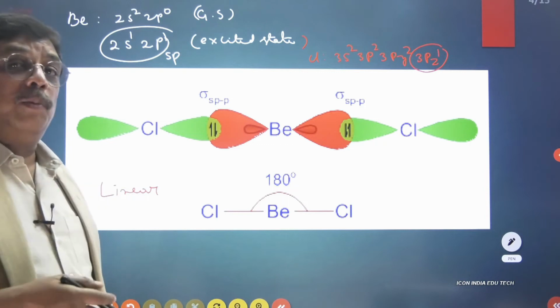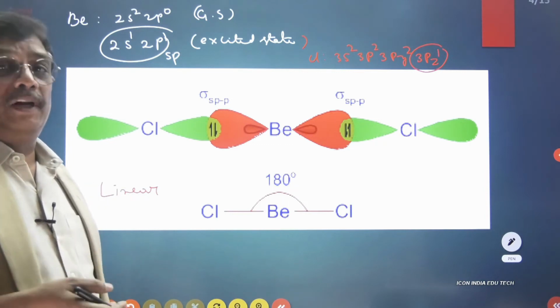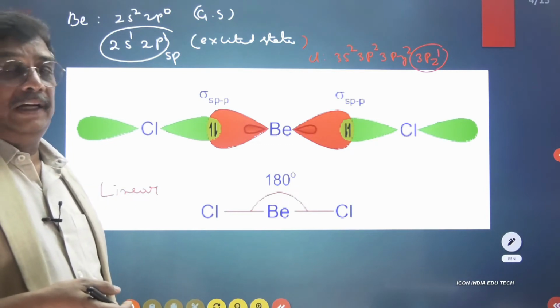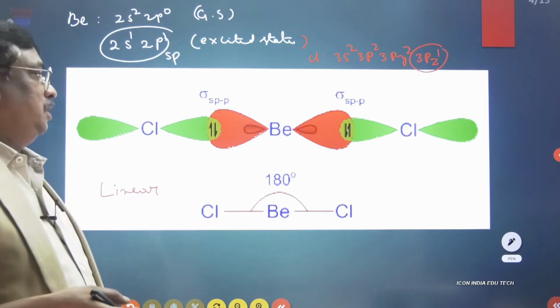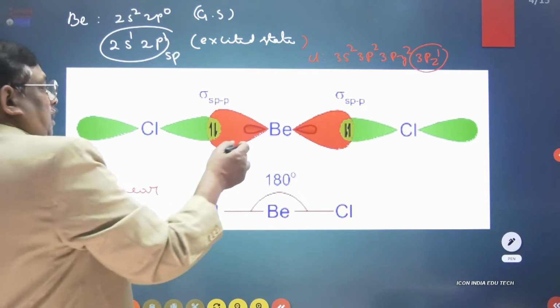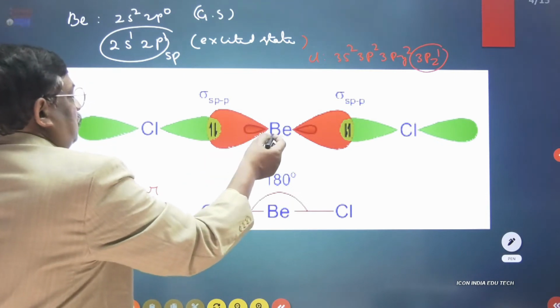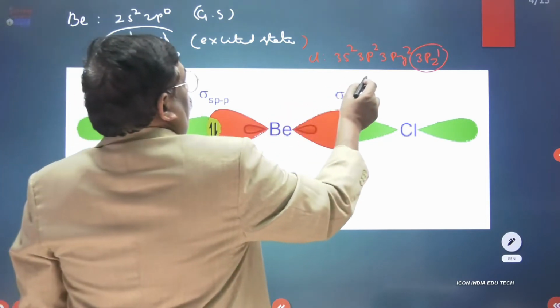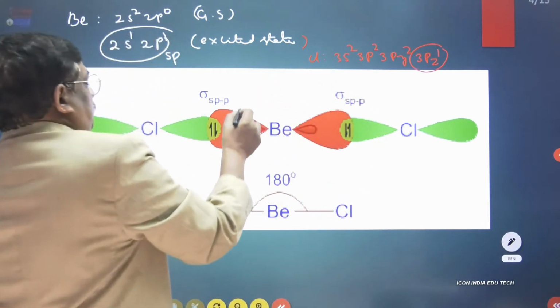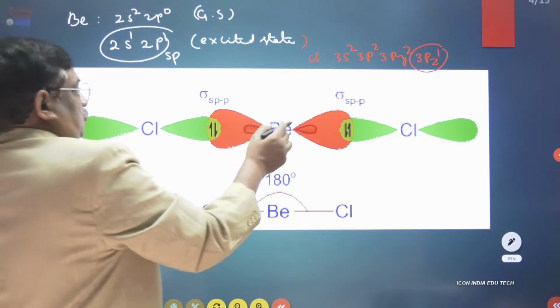What is the central bonding atom? It is the multivalent atom, the one that can form more bonds in that structure. Here beryllium is able to form 2 bonds. So the central bonding atom in beryllium chloride is beryllium. Chlorine is not hybridizing; only beryllium is hybridizing, in sp hybridization.